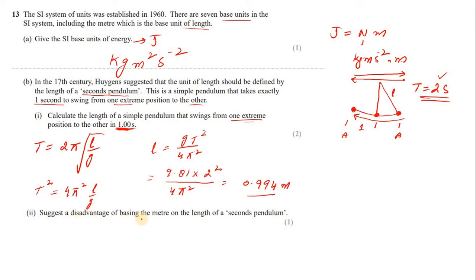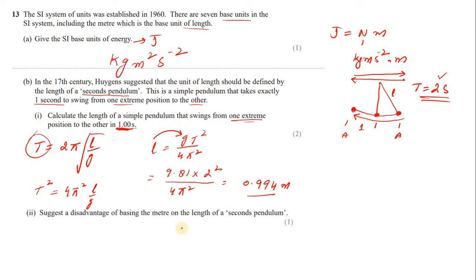Suggest a disadvantage of basing the meter on the length of the second pendulum. Clearly, if you see the formula, the length, because the second pendulum's time period always remains 2 seconds. So the length of the pendulum as per the formula depends upon g.